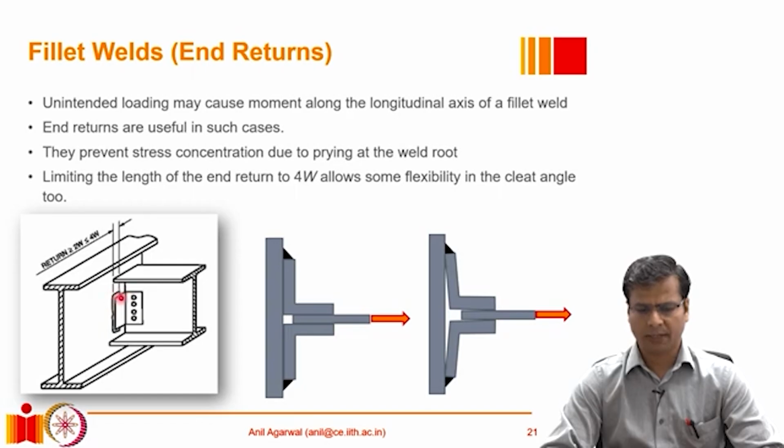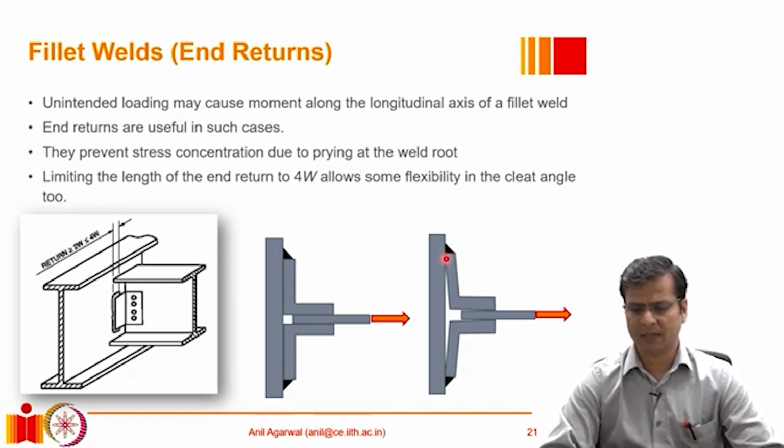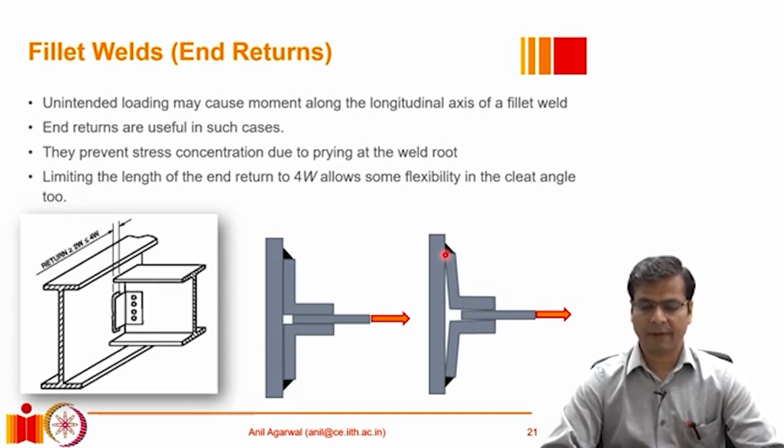And if it is going to rotate, this is going to lead into some kind of a pull force acting at the top edge of this angle, which is shown here. So if you look at the top edge of this angle, looking from the top, this angle at the top will be bending or deforming like this. In such a scenario, this particular fillet, you might notice, has a moment acting in its longitudinal axis, which is basically causing it to pry open right at the root, which, as we have discussed before, is not a desirable way of loading of this connection.